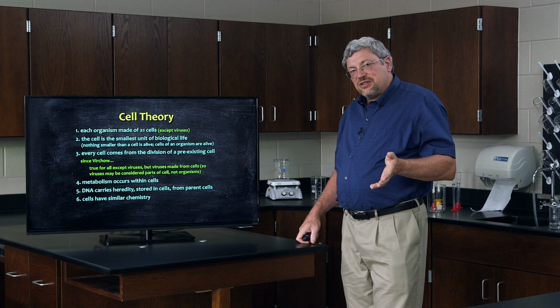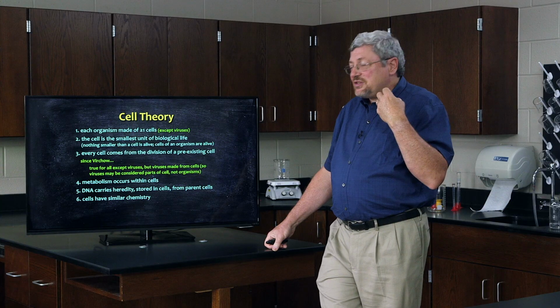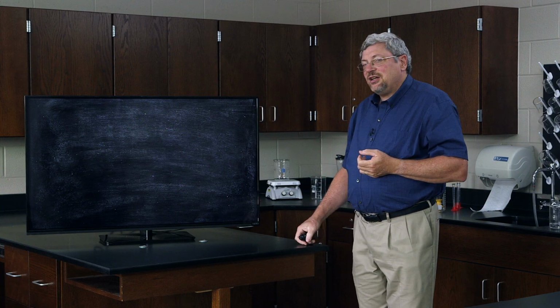And finally, in the sixth place, cells have very similar chemistry to each other. And in the next session, we're going to look at characteristics of cells, characteristics cells have in common, and we see that there are a number of things that all cells have in common and find together.